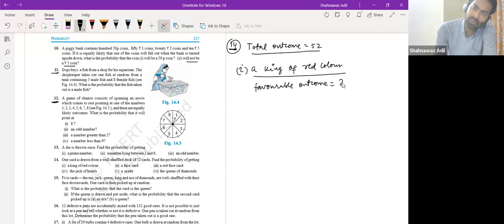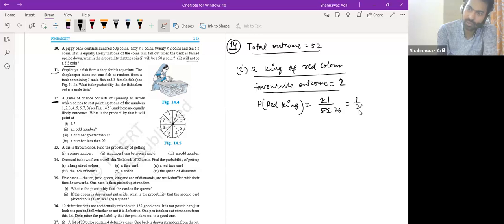In total we have four kings: diamond, heart, spades, and club. But the last two are black, and we only have two red ones. So the probability of a red king is 2 by 52, which is 1 by 26. Good.